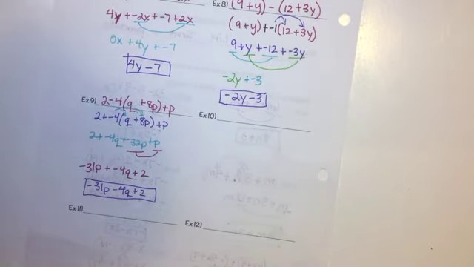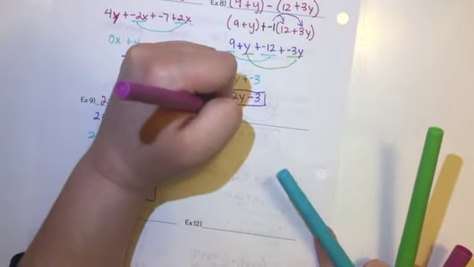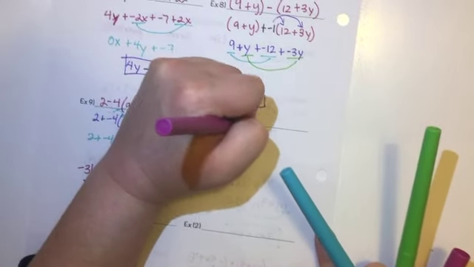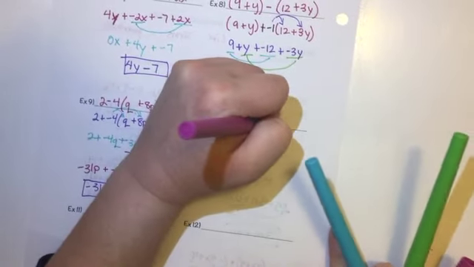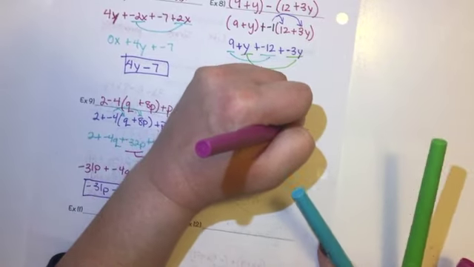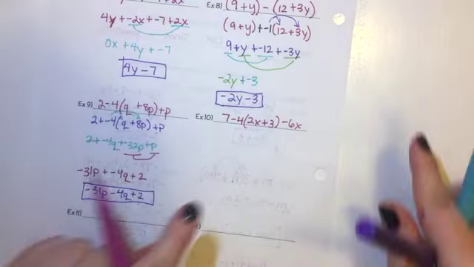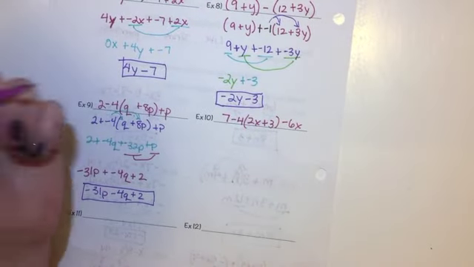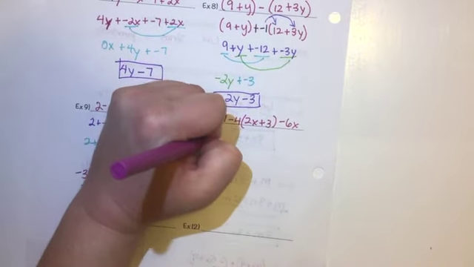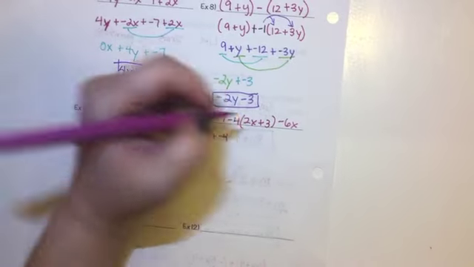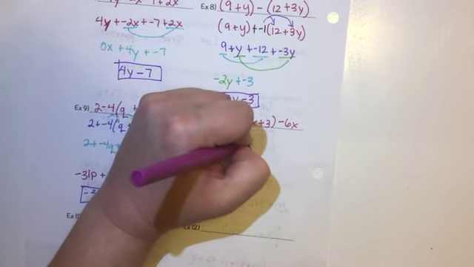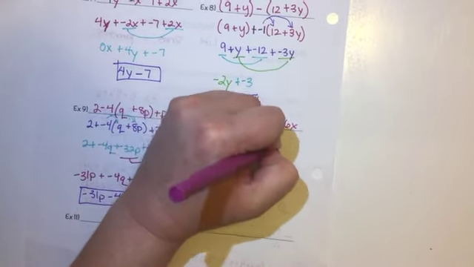All right, moving on to number 10, we've got 7 minus 4 times the quantity, 2x plus 3 minus 6x. So the first thing we're going to do is rewrite this, but instead of subtracting, we're going to add the opposite. So 7 plus -4 times the quantity, 2x plus 3 minus 6x.